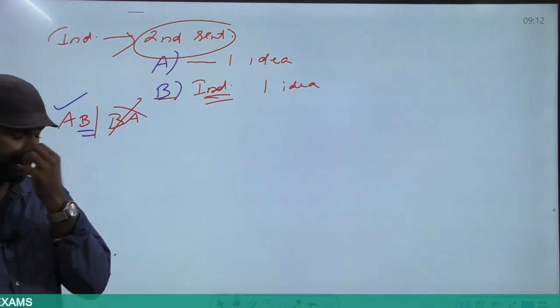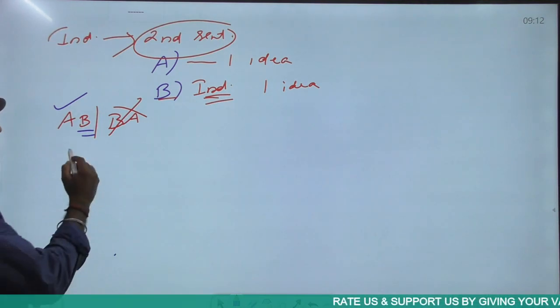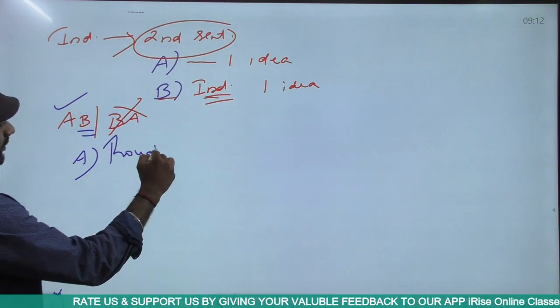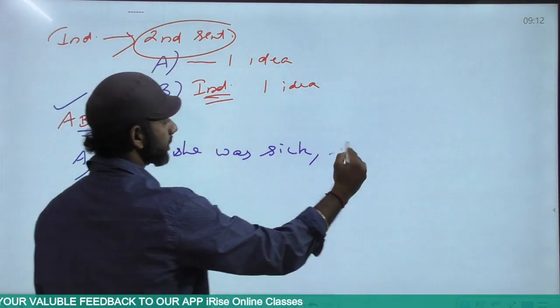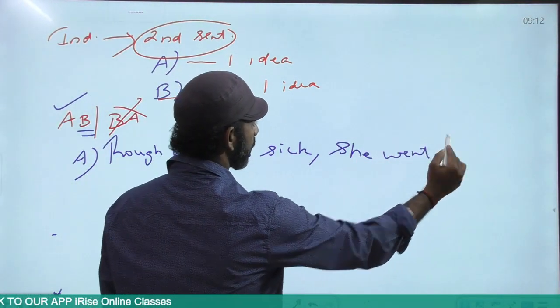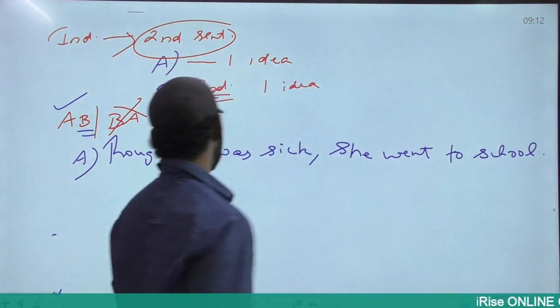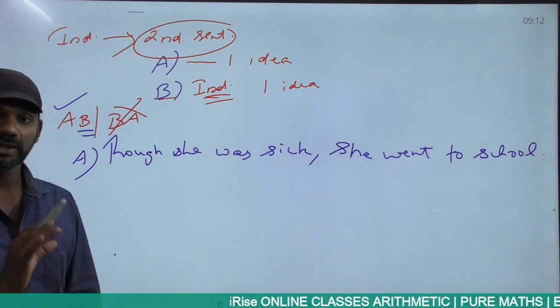Now, I'll come back to it. I go for one sentence. Sentence A. Though she was sick, she went to school. Every sentence ends with a full stop.